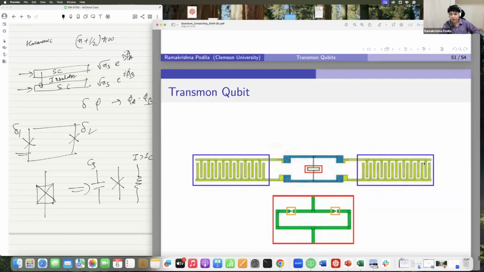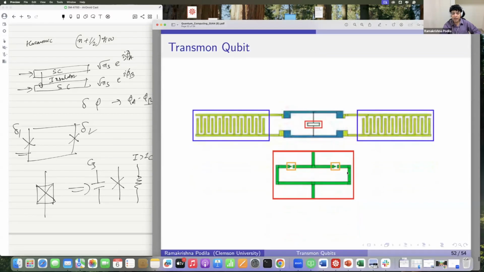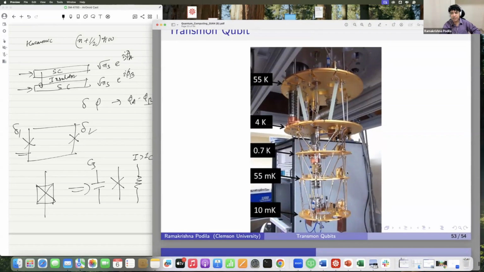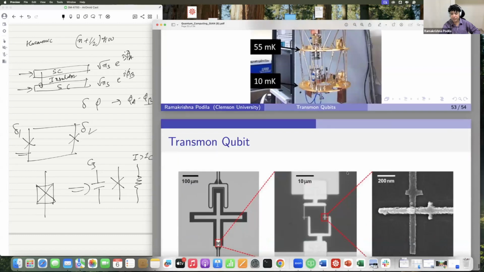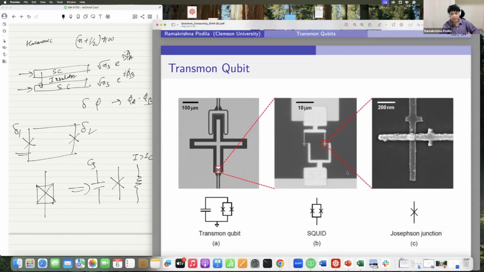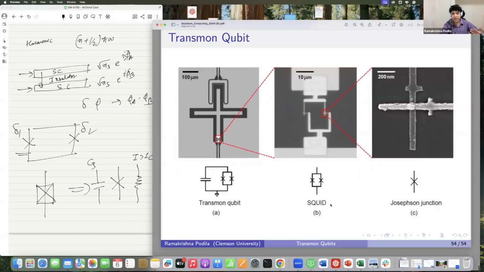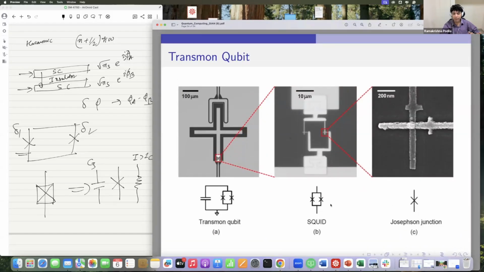These things in blue rectangles, the interdigitated resonators, are for readout and for initiating the qubit, and the whole thing is immersed in a dilution refrigerator. And if you look at it under the scanning electron microscope, this is how a single transmon qubit, the squid, and the Josephson junctions look. That's what is really making our qubit.